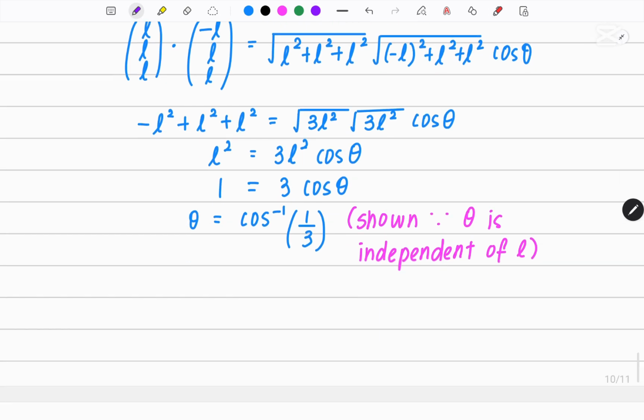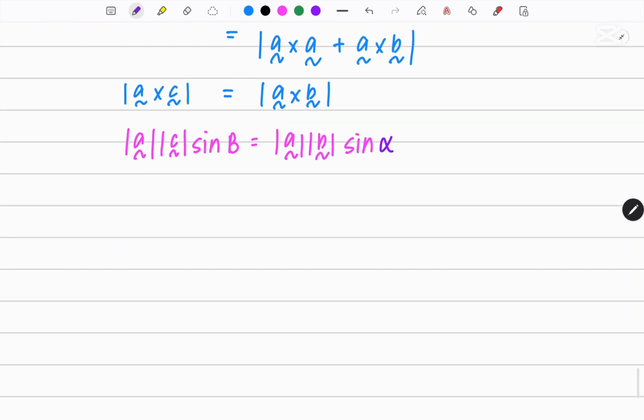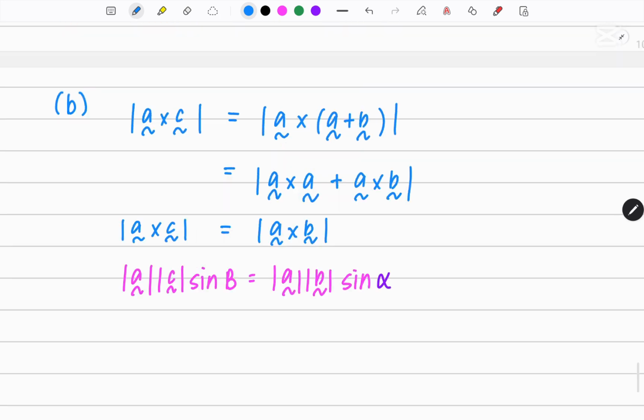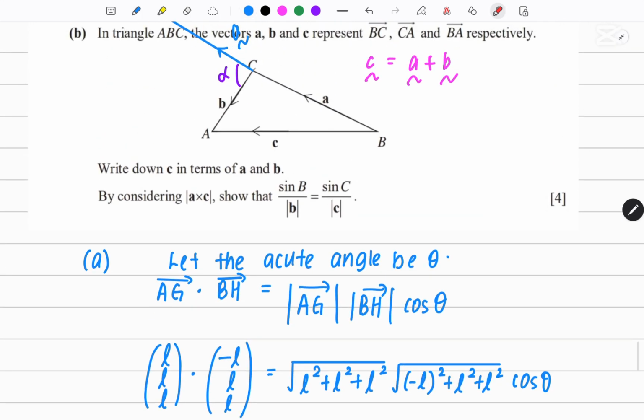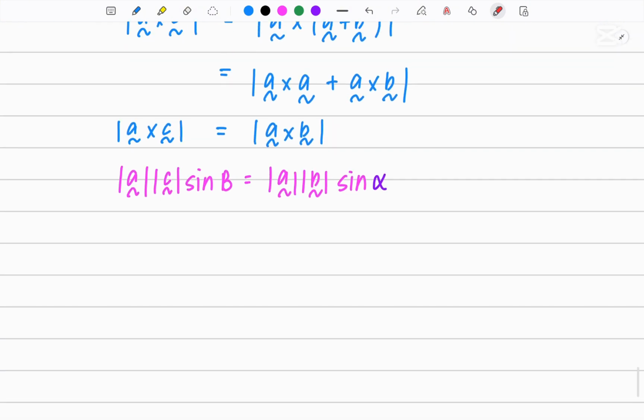So right now, I can comfortably write sine alpha. But take note that the question wants us to relate B and C for our shown answer. So definitely, eventually, I must replace it with C somehow. So first of all, our modulus A can be cancelled on both sides because it is a constant. So I'm just left with modulus C sine B and modulus B, okay, sine of alpha.